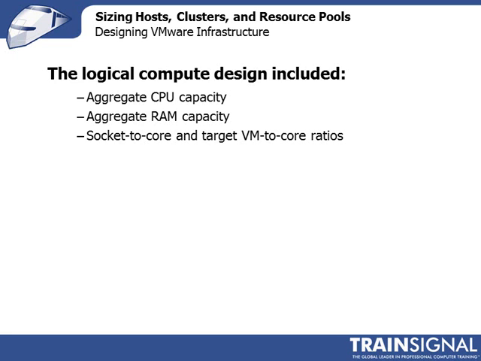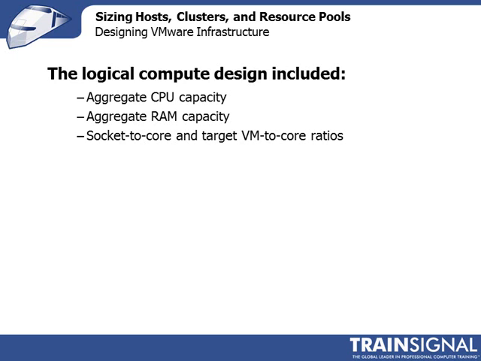We also defined an aggregate RAM capacity number, typically some number of gigabytes or perhaps terabytes of RAM. And we also identified our socket to core and target VM to core ratios, which help us have a better understanding of how many VMs and how many hosts are required to support those VMs.